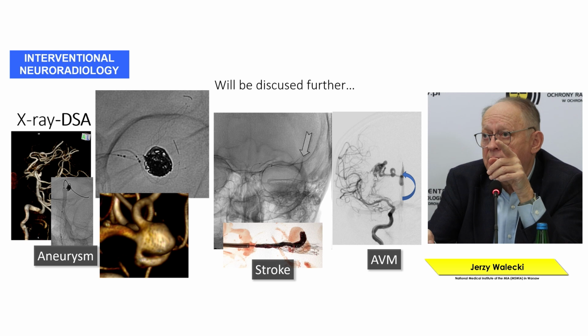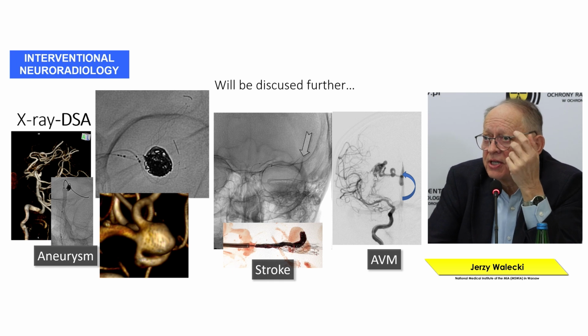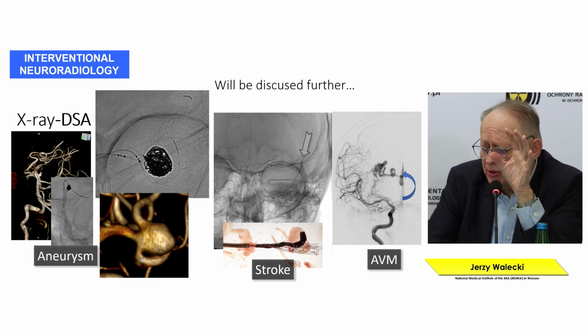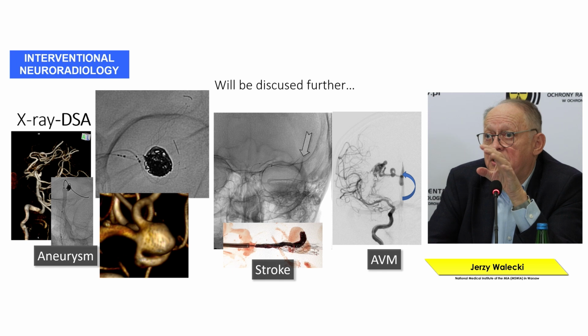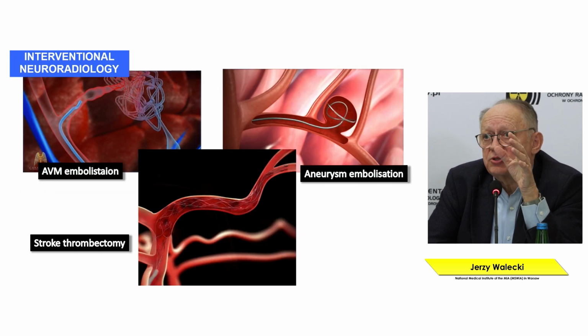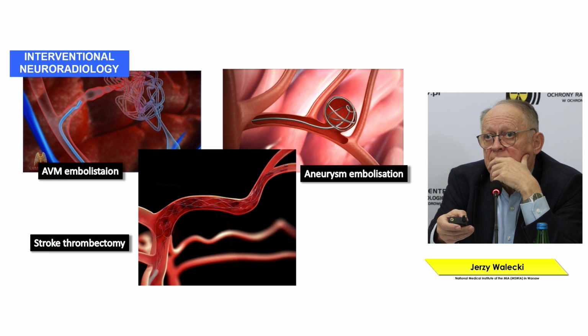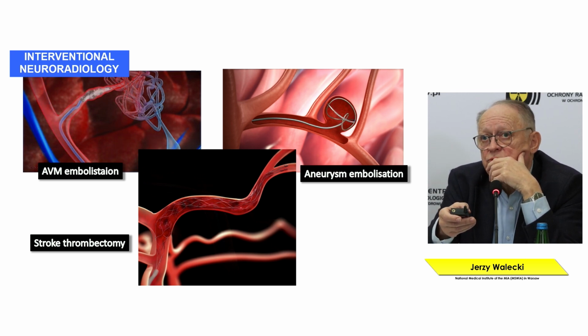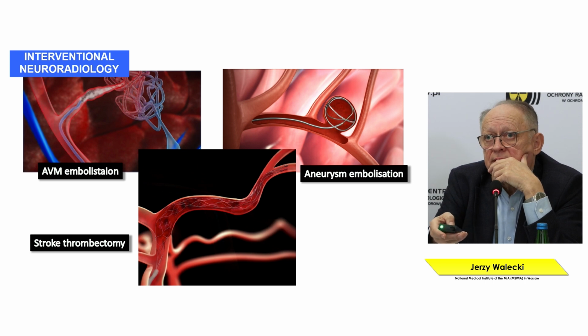And AVM treatment on the right-hand side. But stroke treatment today, this is the most critical, the most important part of interventional neuroradiology. And these three procedures that I mentioned, embolization, where we administer diverse chemical compounds which produce what you can see on the right-hand side, Onyx.